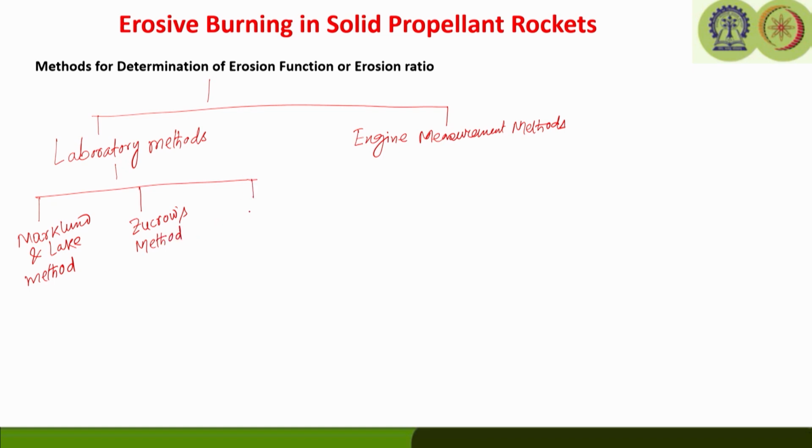Third is Nadaud's method. In the case of the engine measurement method, there are two major categories. One is the direct method, and another is the indirect method.